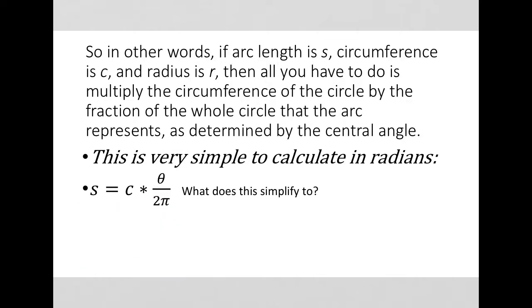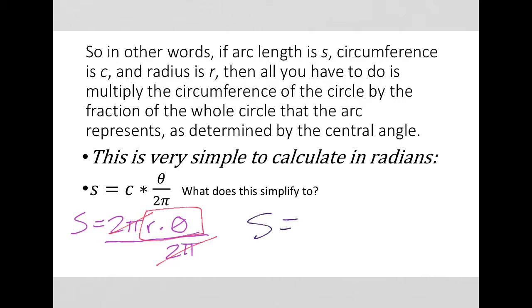And let's look at what happens when we use the radian measure. It's pretty nice because we know that an equivalent way to write the circumference of a circle is 2 pi r. And we are multiplying this by the theta value divided by 2 pi. Notice we have a 2 pi and a 2 pi, so we're just left with r theta.